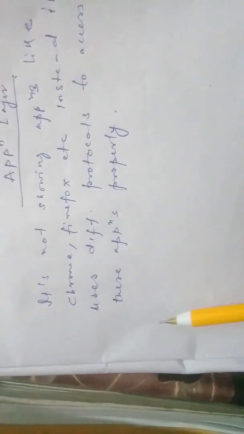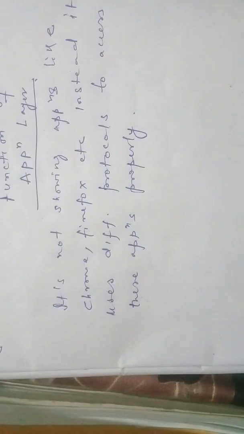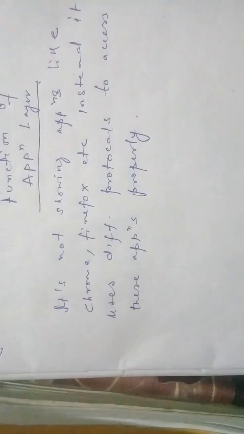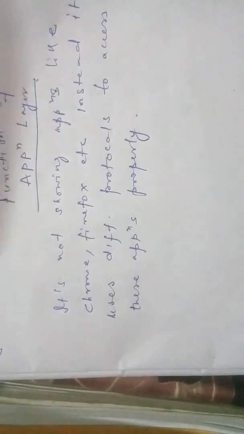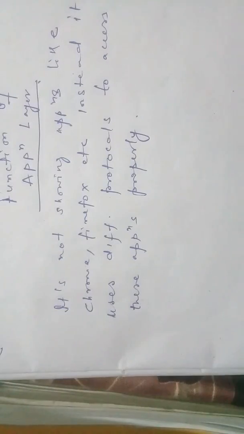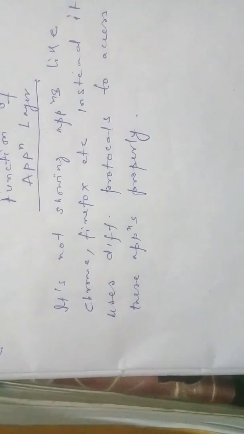Okay, this means the application layer uses some protocols for web surfing and provides some network services to the user. It does not mean that it is showing the applications like Chrome, Firefox, etc. It is actually how it accesses these applications properly using the protocols.